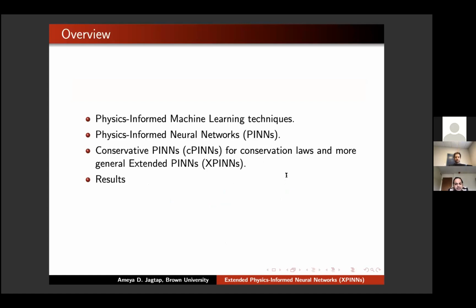In particular, we will then jump to the physics-informed neural network, or PINNs. Then we will discuss two domain decomposition-based approaches, conservative PINNs for conservation laws, and then the more general extended PINNs, or XPINNs. And finally, we'll see some results.